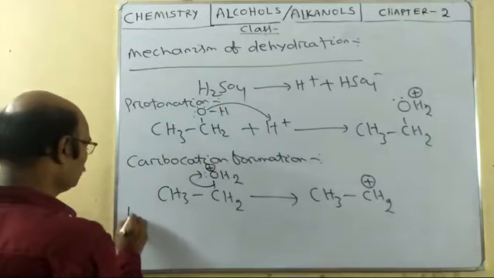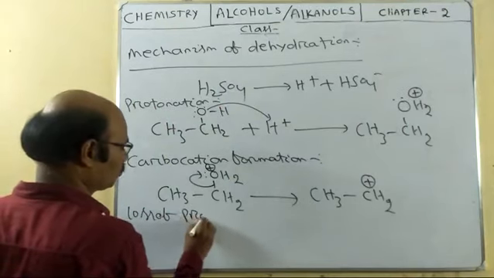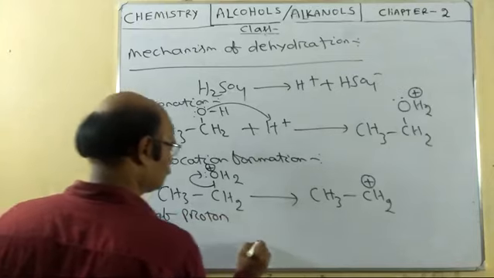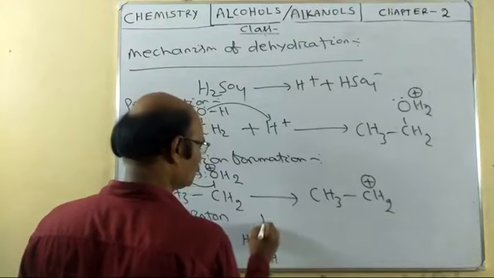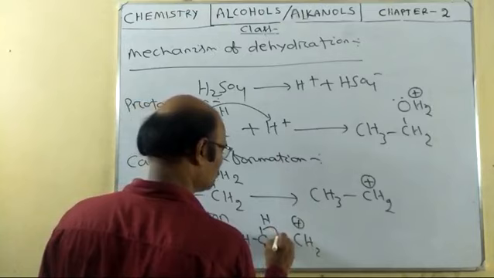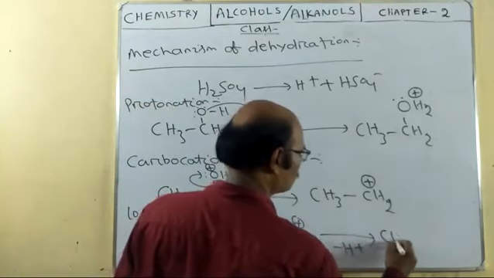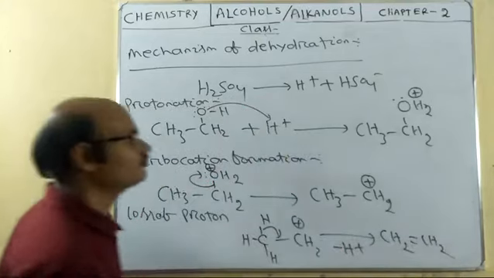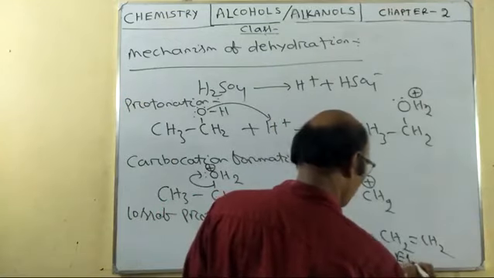Next, loss of proton. From CH3CH2 plus, proton loss gives CH2=CH2. This is your ethene.